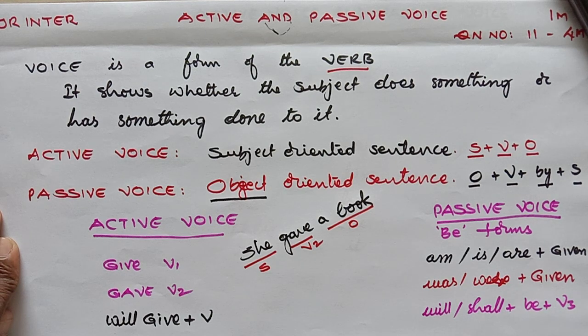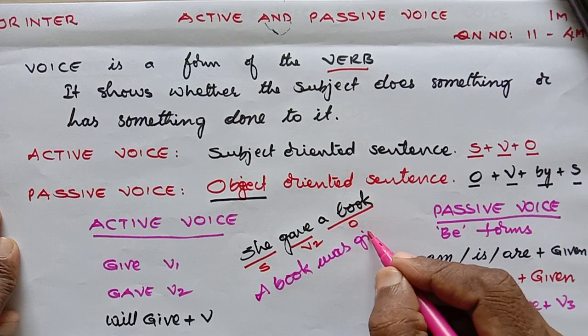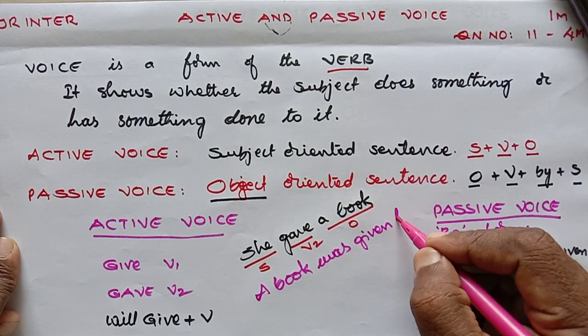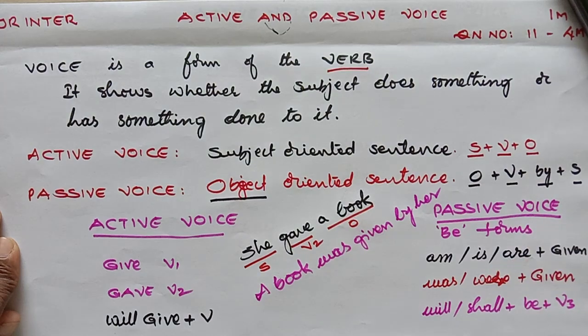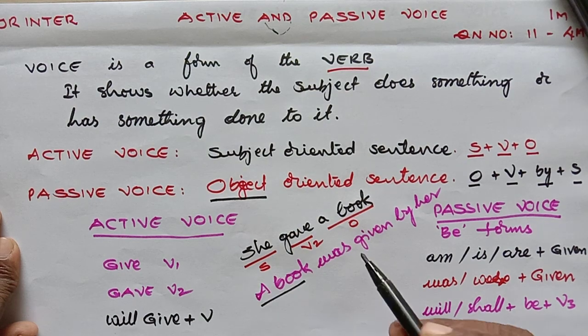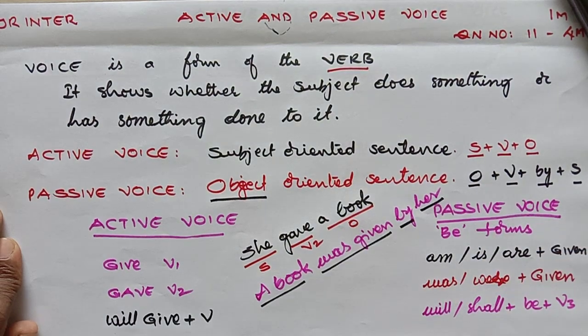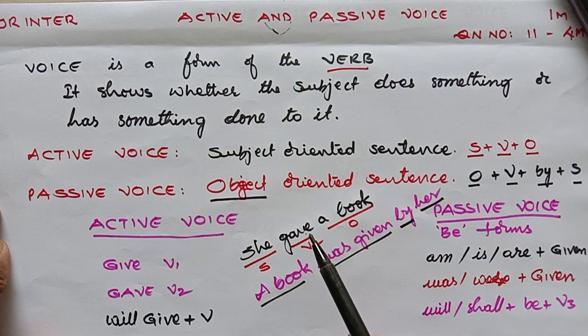When you convert this statement into passive, definitely we take the object first: a book was given by her. Here we have taken the object first, and was given is written, by is added, and she has become her. Okay students, did you understand this? Gave, which is V2, has been converted into was plus given.